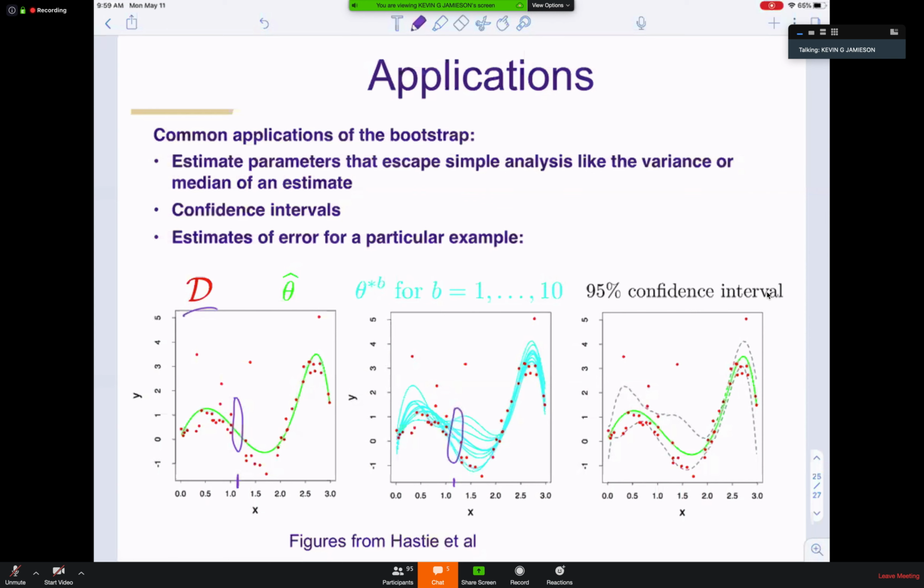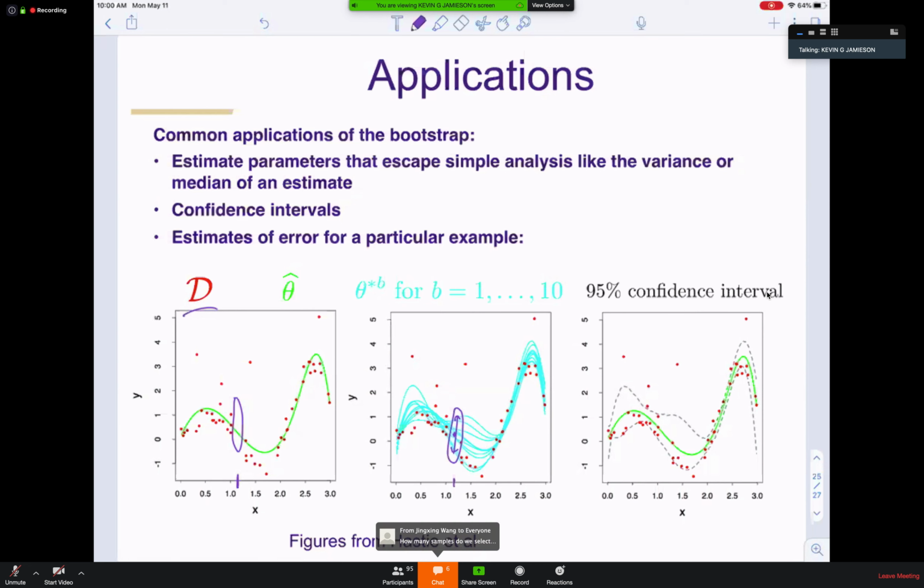So I can be pretty confident that the average is going to be something like here, but then there's this range of the theta hats that I could have seen, and this is a pretty valid estimate of how much this housing price is actually expected to vary.